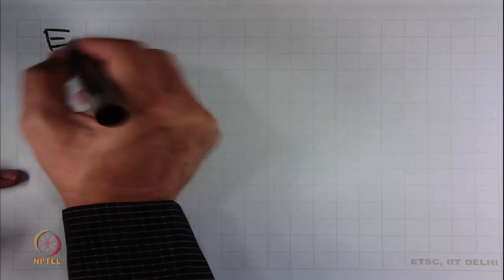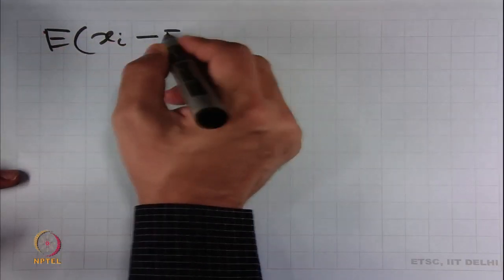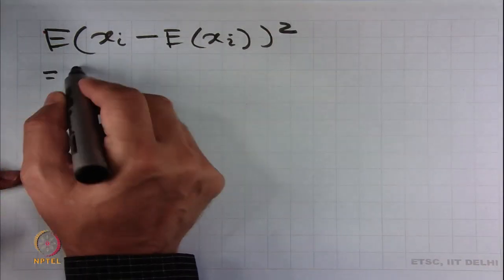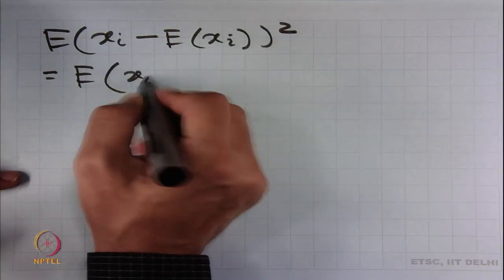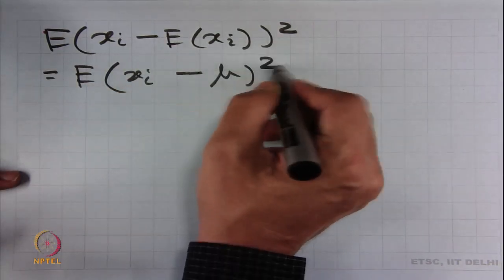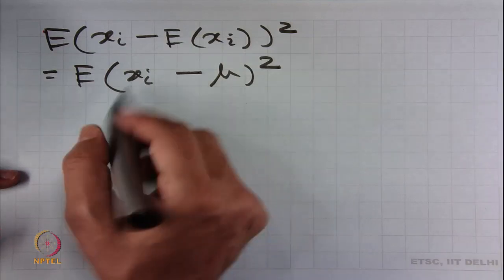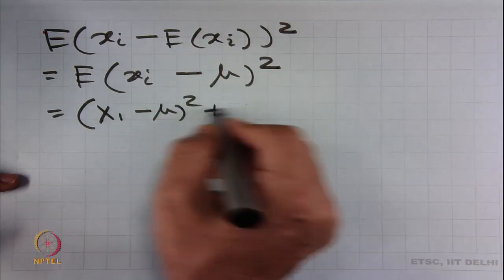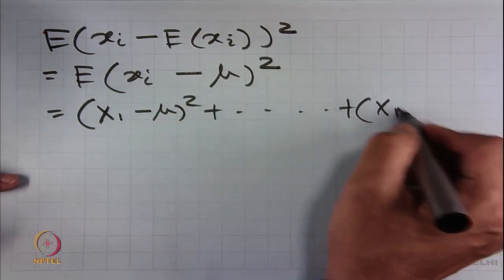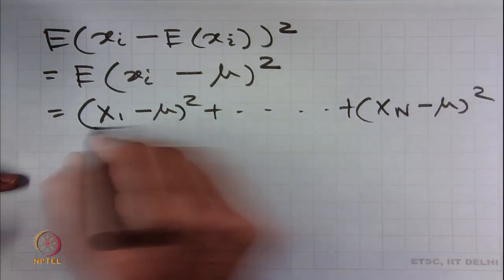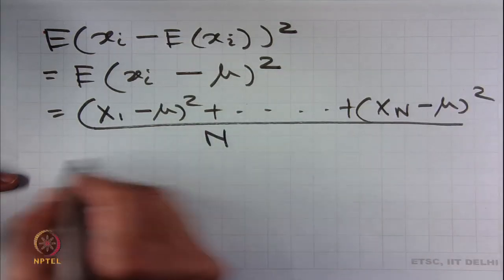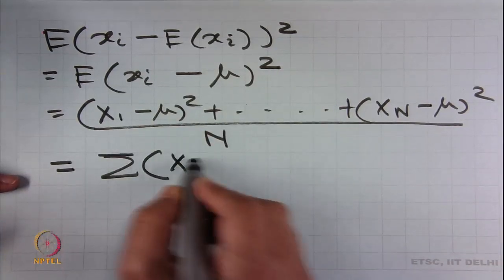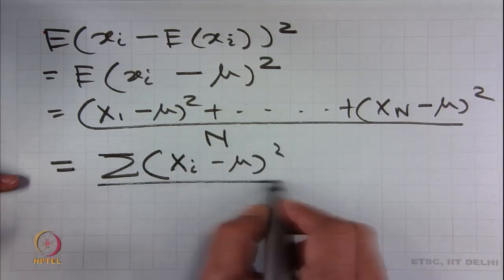Now, expected value of xi minus expected value of xi whole square is equal to expected value of xi minus mu whole square, which is equal to x1 minus mu whole square plus xn minus mu whole square divided by n, which is equal to sigma xi minus mu whole square by n.